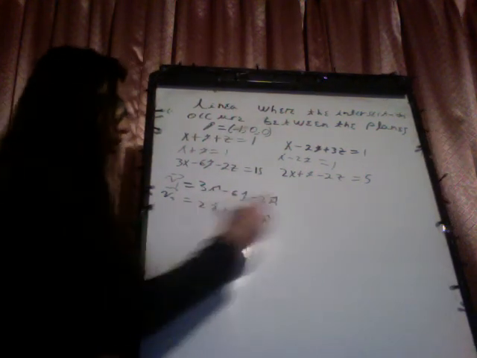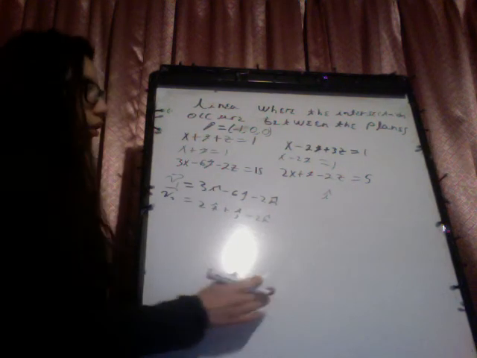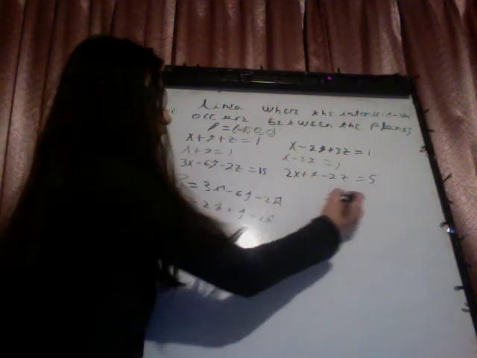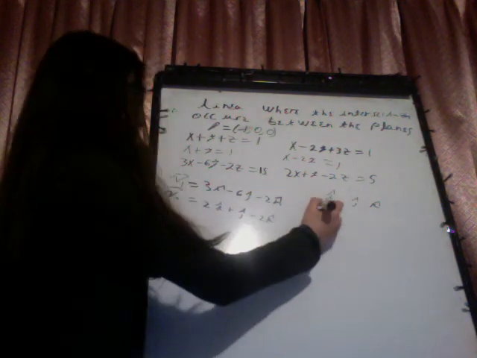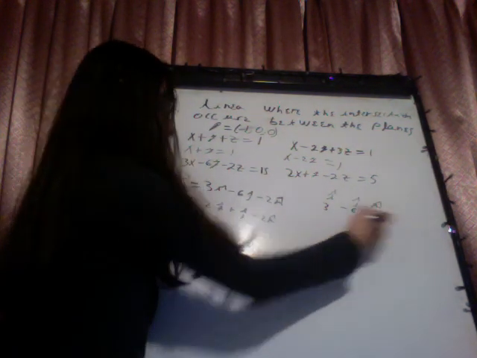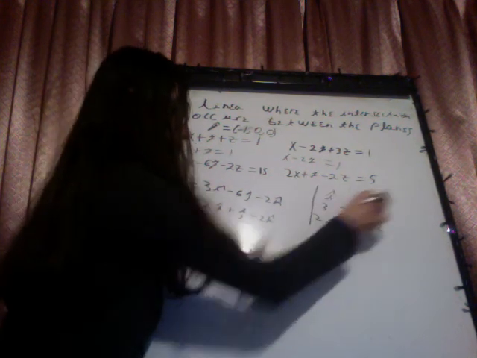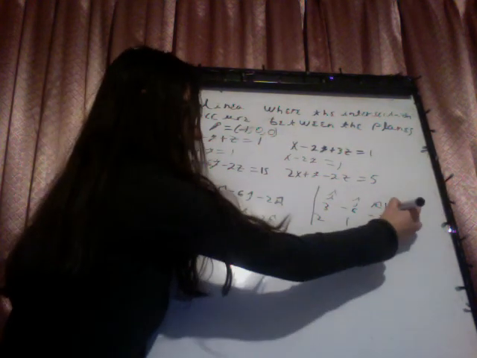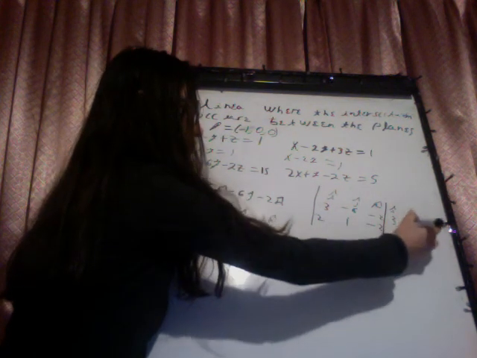Alright, now the cross product: i, j, k, 3, minus 6, minus 2, 2, 1, minus 2. I, 3, 2, j, minus 6, 1.